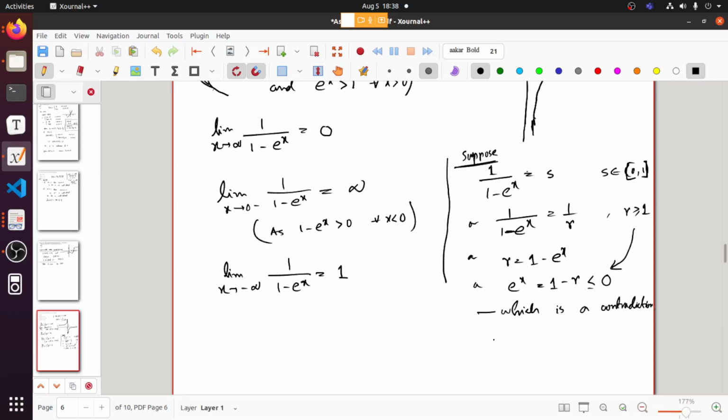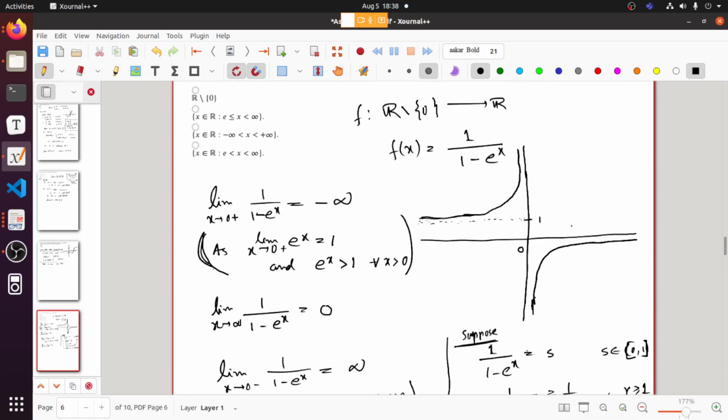So the function cannot take the values between 0 and 1. So its values lie between minus infinity to open 0 and open 1 to infinity.